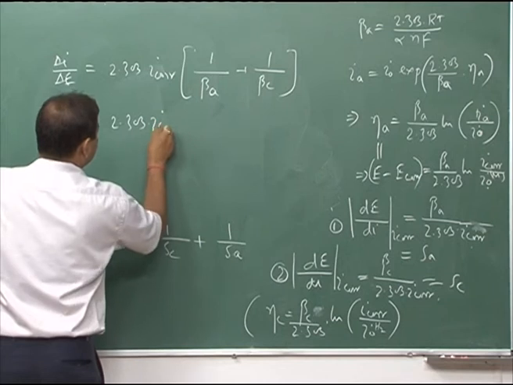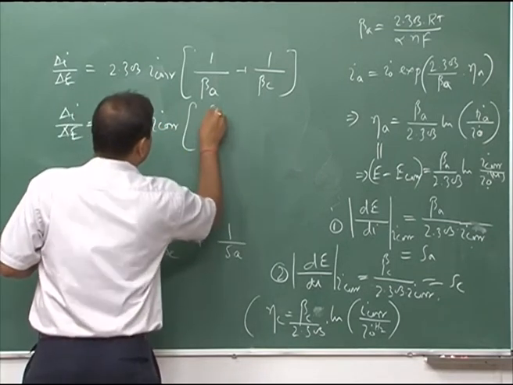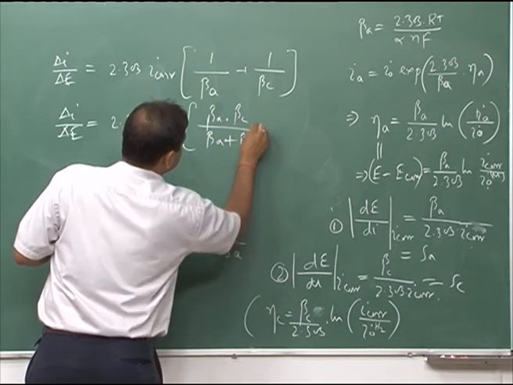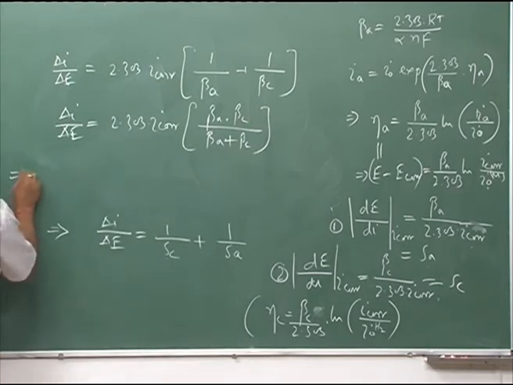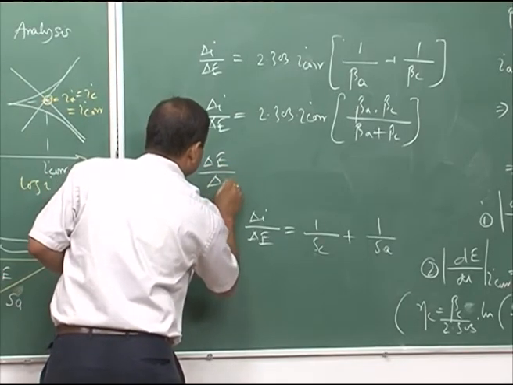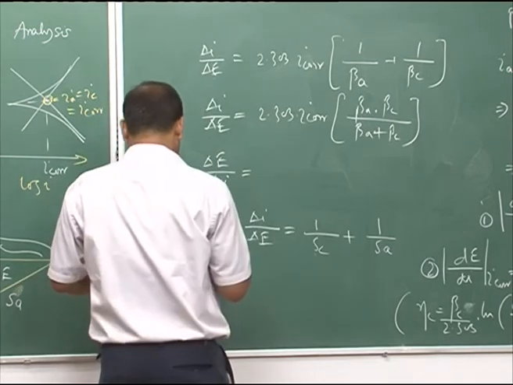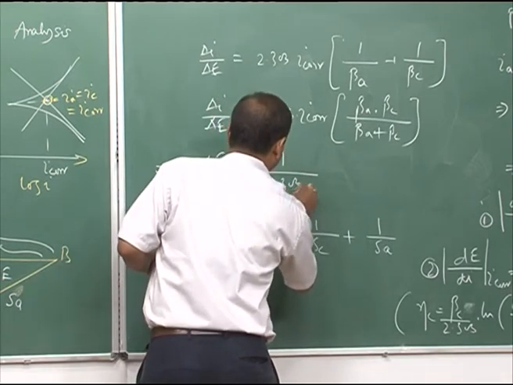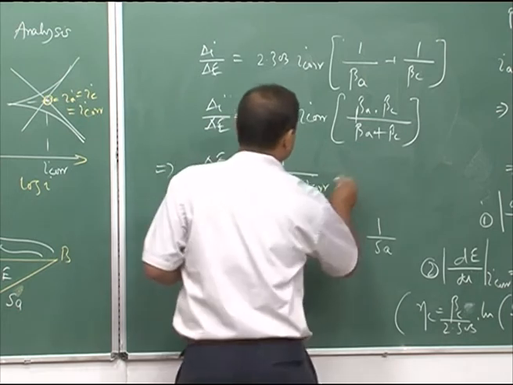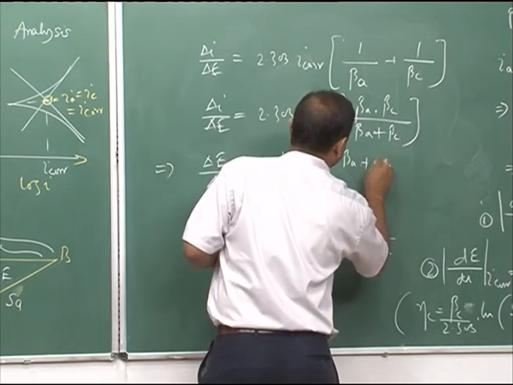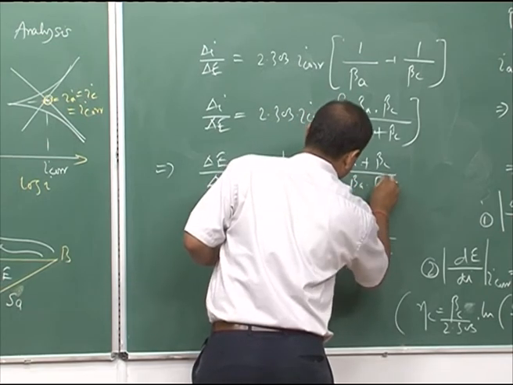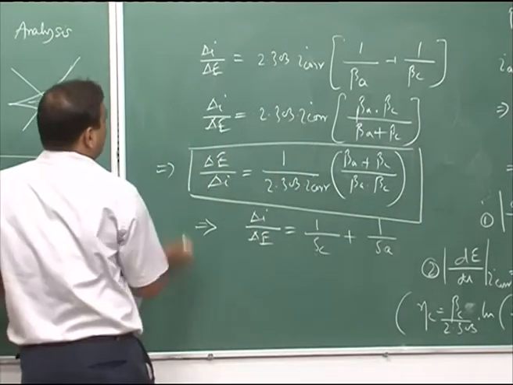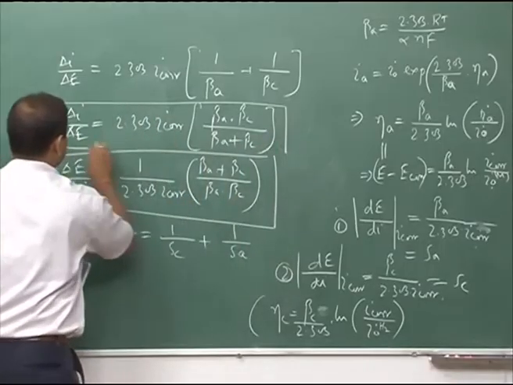and this would become 2.303 I corr beta A plus beta C by beta A beta C, and we can write in terms of del E by del I would be equal to 1 by 2.303 I corr times beta A beta C by beta A plus beta C. So, this is the expression, or we can use any of these expressions.